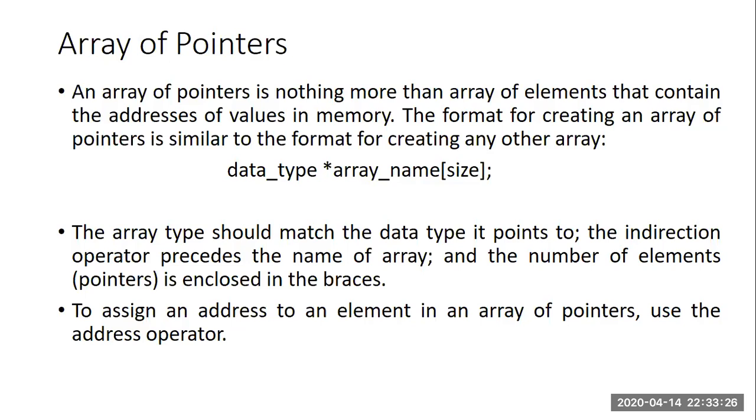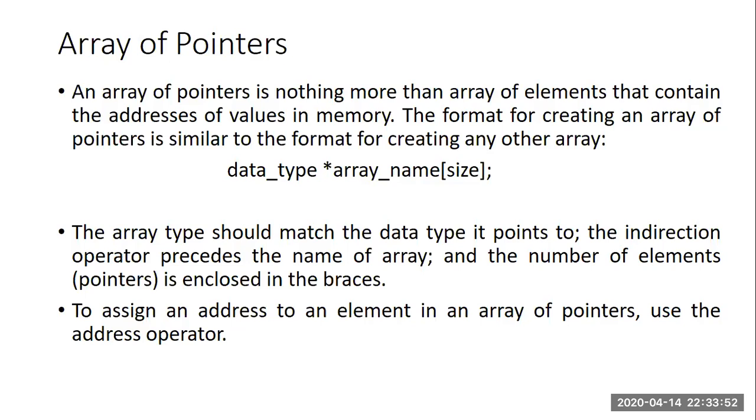And each index will behave like a pointer variable. And definitely, because I declared it as int star ARR, each and every index of this array is capable of storing the address of another integer variable, because I mentioned the data type as int. Try to understand this line.